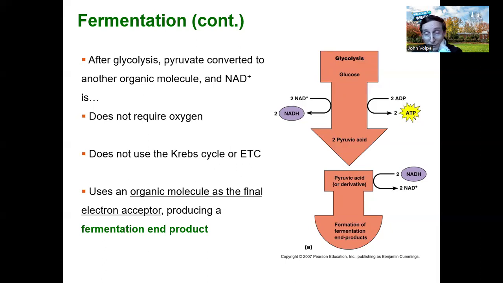We'll talk more about that in a minute. They could save up this NADH from glycolysis and then just wait until the heart and the lungs bring oxygen to the muscle cell. And then that NADH could be used by aerobic respiration to generate ATP. Why does the muscle cell use up this NADH in fermentation?